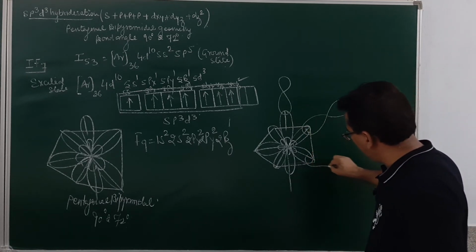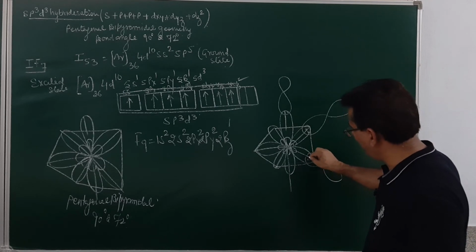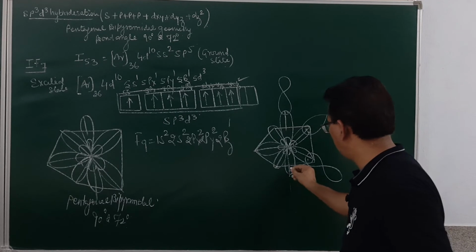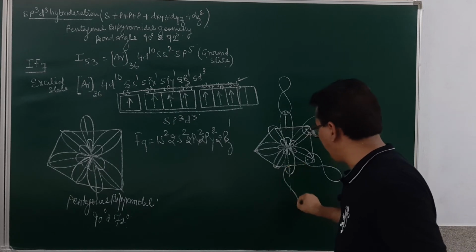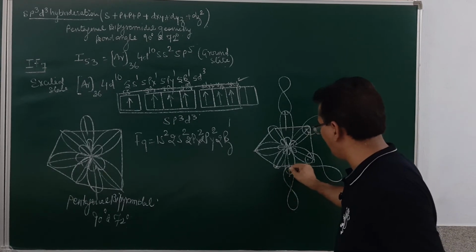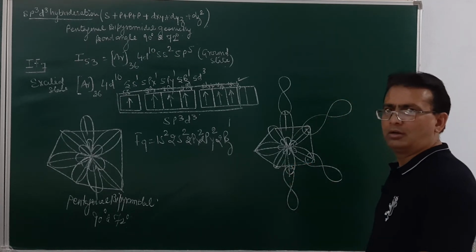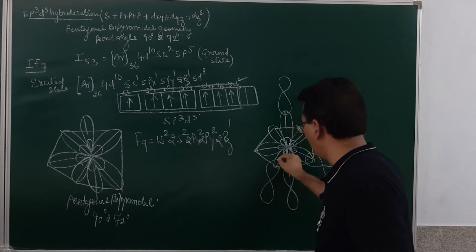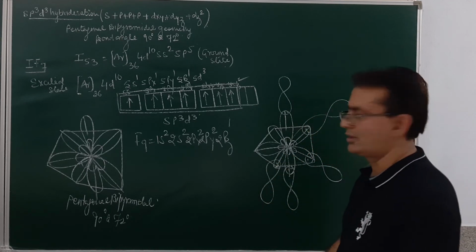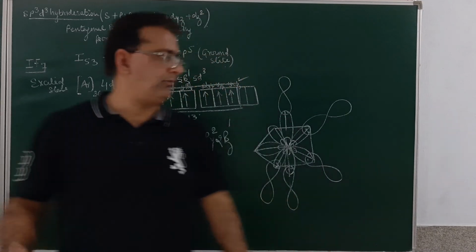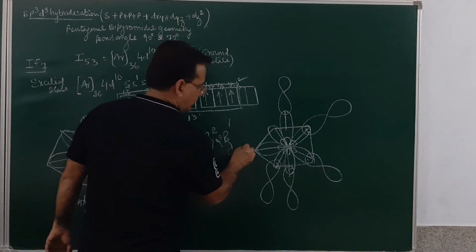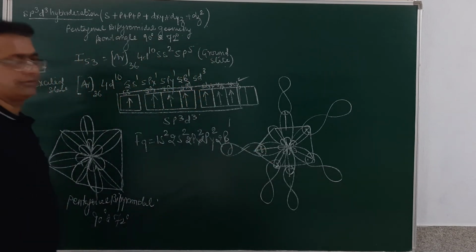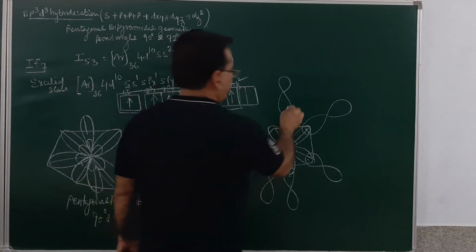Another pz orbital will overlap in this manner, and another, and another, each forming a bond. Am I clear?